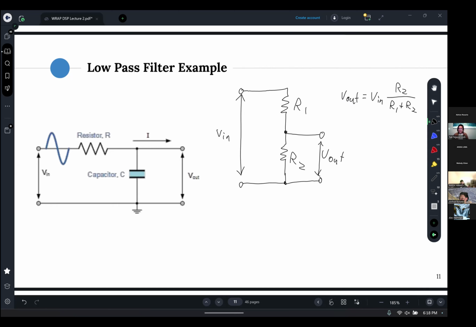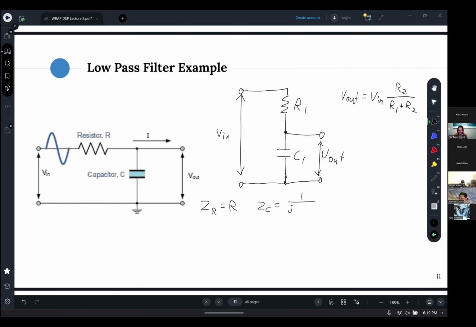But now it gets a little bit more complicated when we replace R2 with, say, a capacitor. And you guys might have seen, if you've taken ECE 3 or one of the basic circuits classes, the concept of impedances for our basic circuit components. So the idea of impedance is, think about it as a frequency domain representation of resistances.